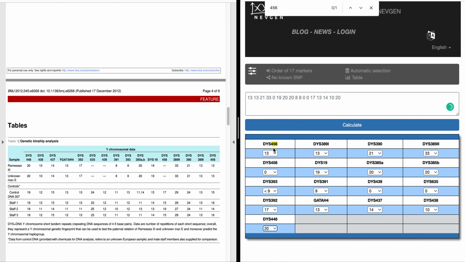Alright, so those numbers once again, we have 13, 13, 21, 33, blank, 19, 20, 20, 8, 8, blank, blank, 392, 17, H4, 13, 437, 14, 438, 10, 448, 20. Alright, go ahead and run that, calculate it.